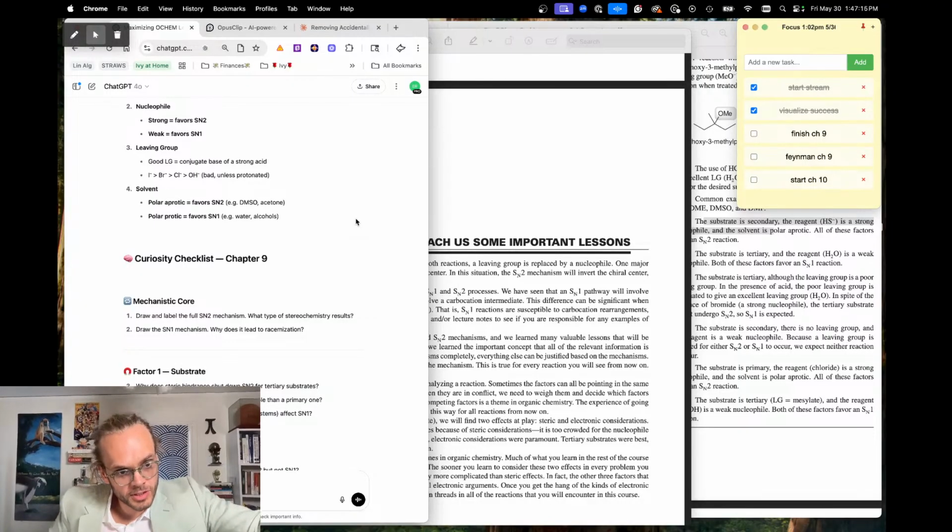I'm going to start answering the curiosity checklist for chapter 9. Number 1, the full SN2 mechanism results in stereochemistry with an inverted chiral center. The SN1 mechanism leads to racemization because... Explain that to me a little bit.